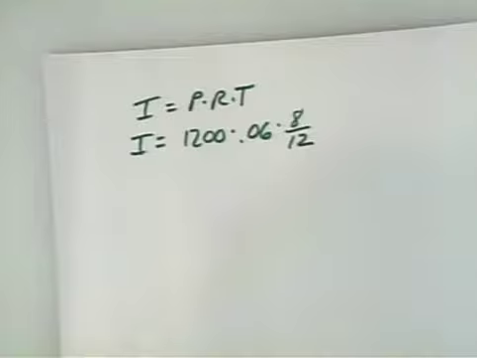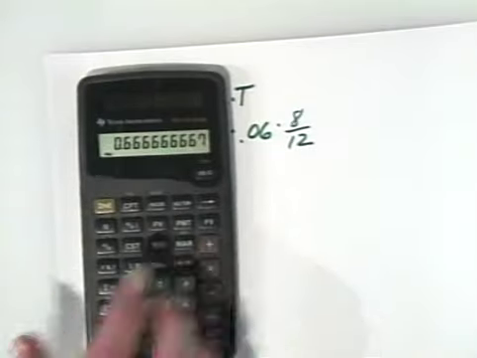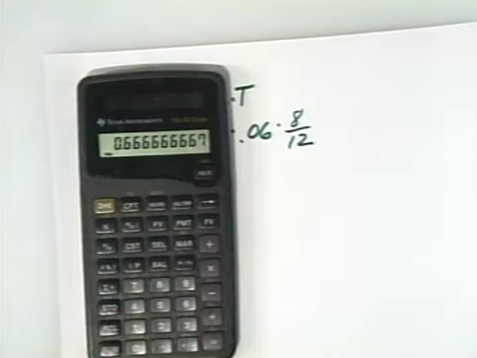1,200 times 0.06 times 8 divided by 12 equals 48. If you do that, you need to carry it out that far. You need to use the whole decimal. We don't want to write it down as 0.66. You're going to be a penny or 2 off. But we're going to assume that we're working for a bank that's loaning out millions and millions of dollars.